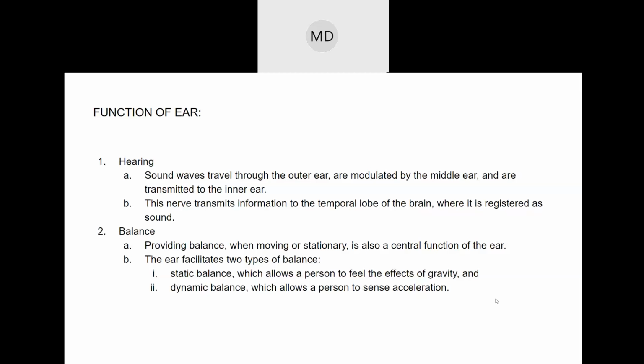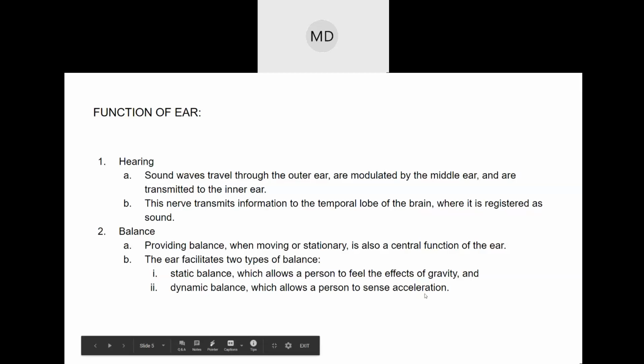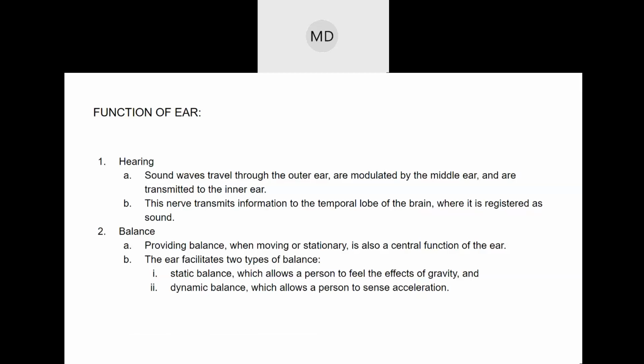And dynamic balance is acceleration. Let me give you an example. When you are sitting in a moving bus or a car at full speed, just imagine the driver steps on the brake instantly. What will happen? You will move forward and hit the seat.